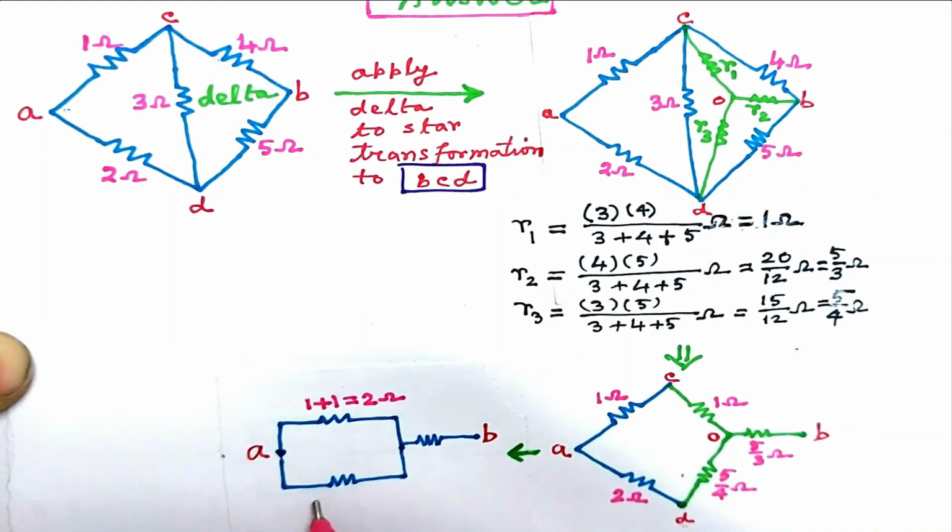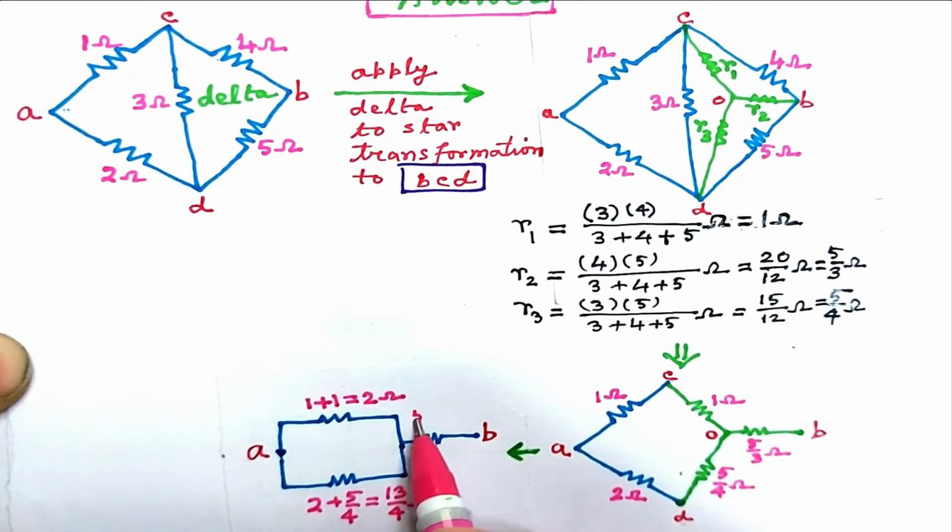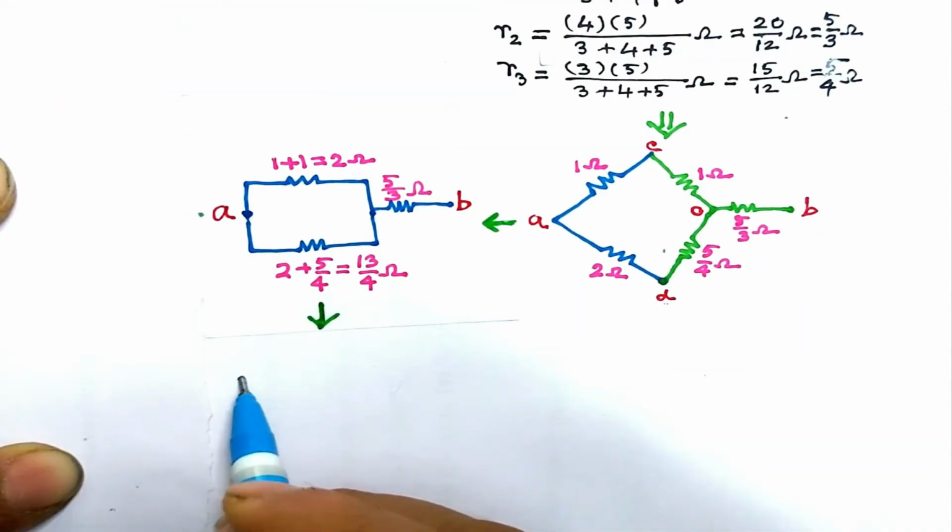Again, in this branch ADO, we have two resistances, 2 ohm between AD and 5 by 4 ohm between DO. They are in series. So this resistance is a series combination of 2 ohm and 5 by 4 ohm. So this is 13 by 4 ohm. This is the resistance between OB. It is 5 by 3 ohm.